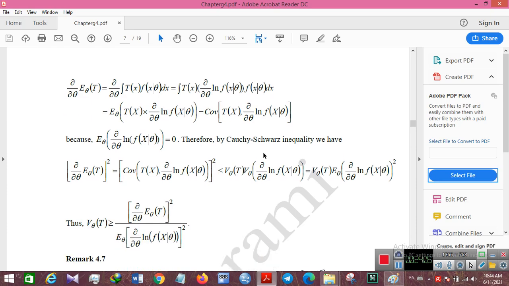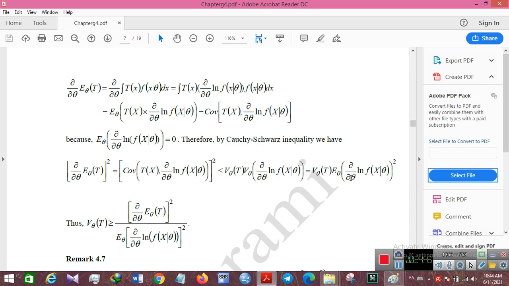And therefore the square of ∂/∂θ of the expectation is equal to the covariance squared, and by the Cauchy-Schwarz inequality this is less than the variance of T times the variance of ∂/∂θ ln f(X), and in the second part, because the expectation is 0, we have the variance of T times the expectation of this part.